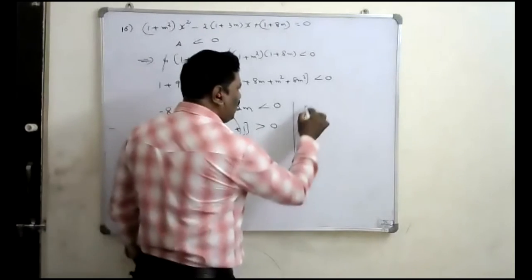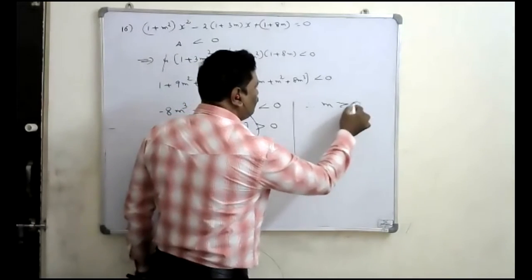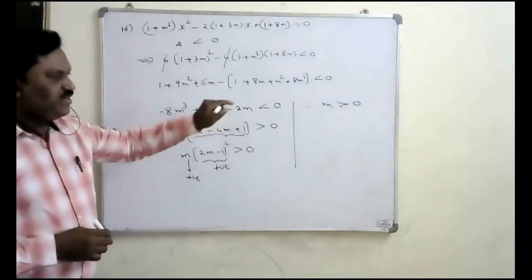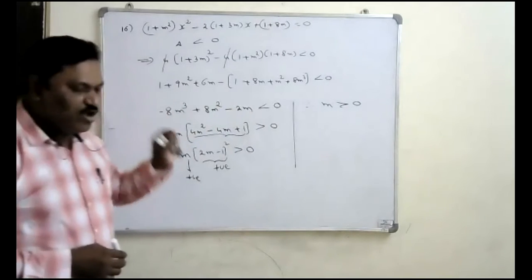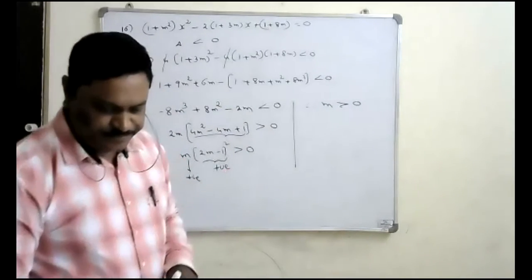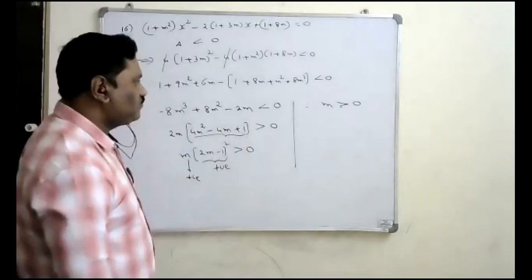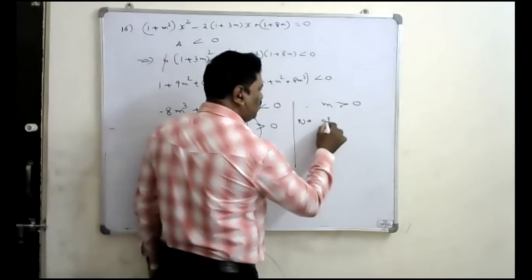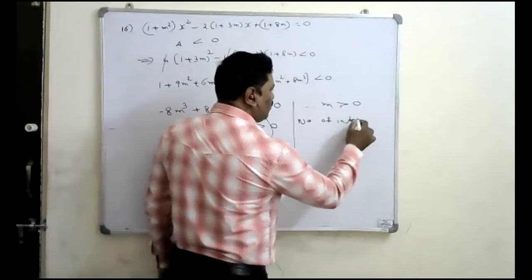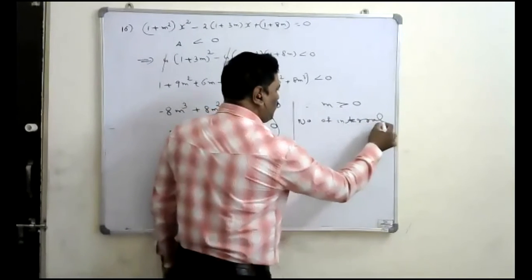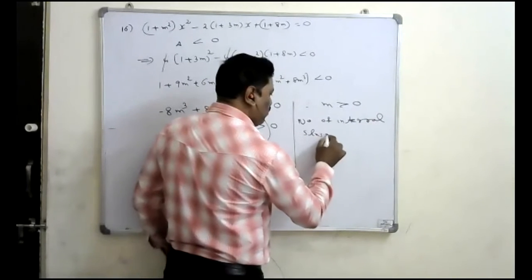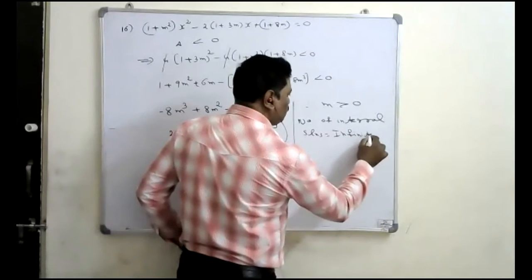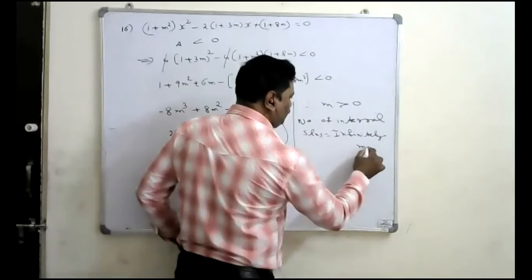Therefore, m should be greater than 0, so this is the interval for m. Now tell me how many integral values will be there in this interval? Infinitely many. Therefore, the number of integral solutions is infinitely many. That is our answer.